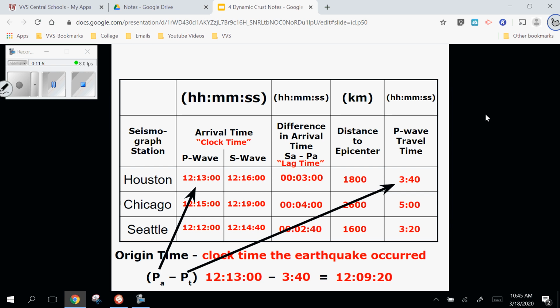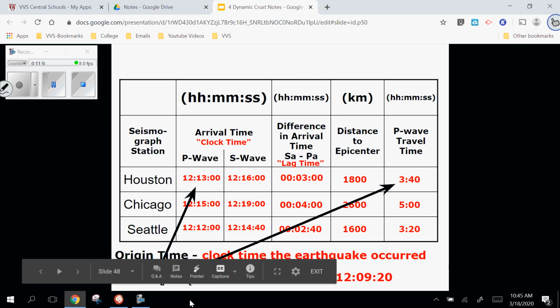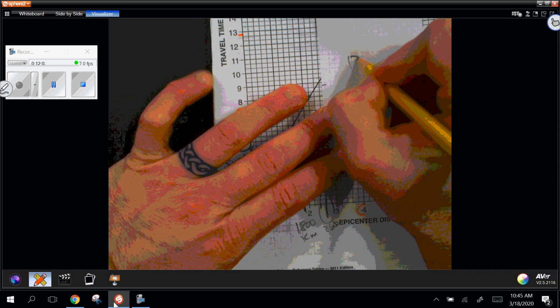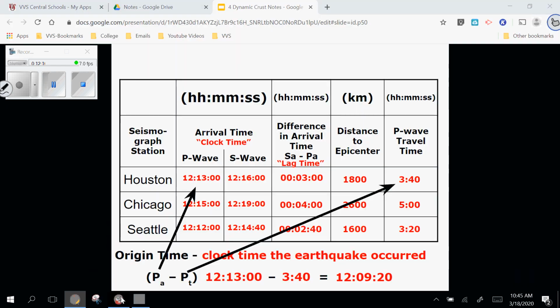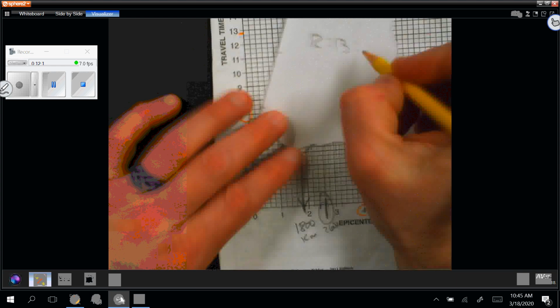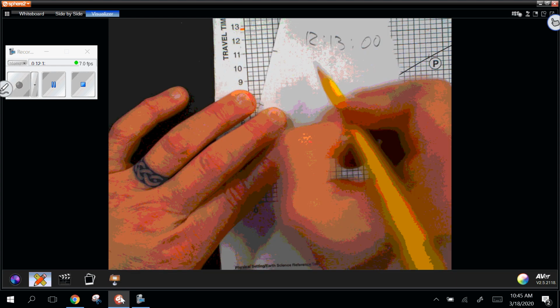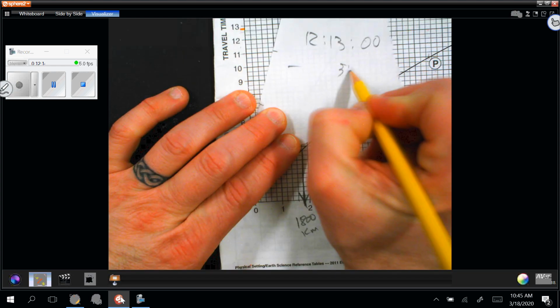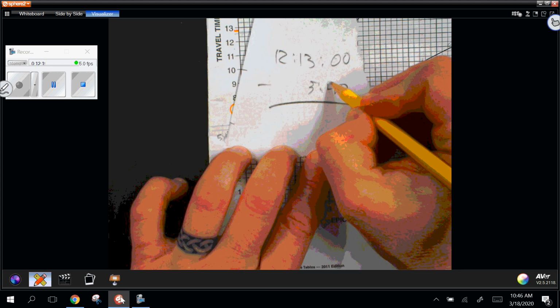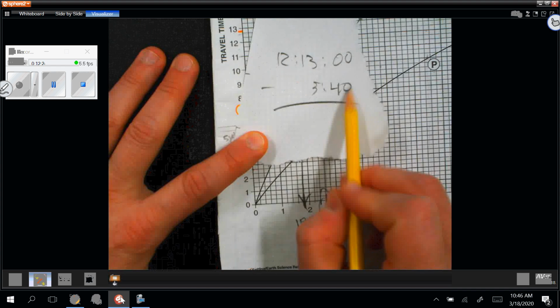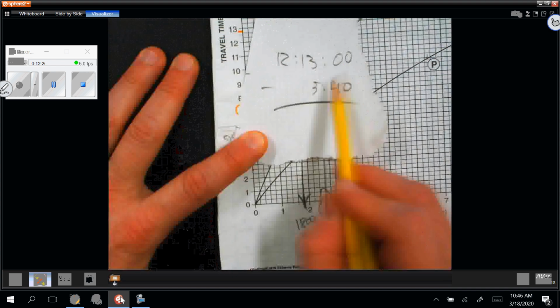Now I'm going to show you that math. 12:13 and 0 seconds, minus 3 minutes and 40 seconds. This is called time math. It's a little different from regular math. You have to think back to elementary school when you learned how to borrow. I can't take 40 seconds away from 0. I have to do all the seconds together, all the minutes together.